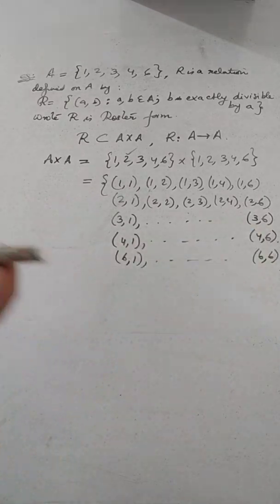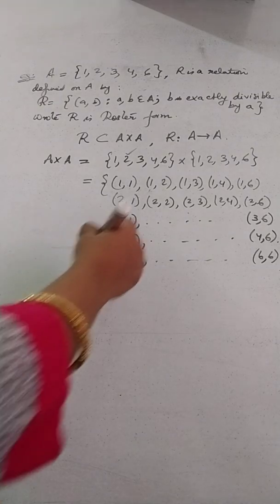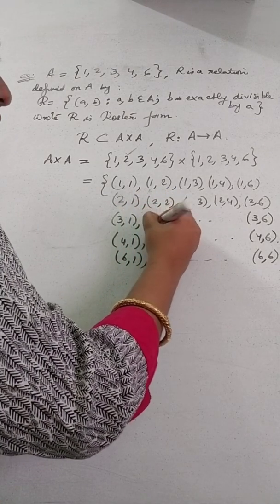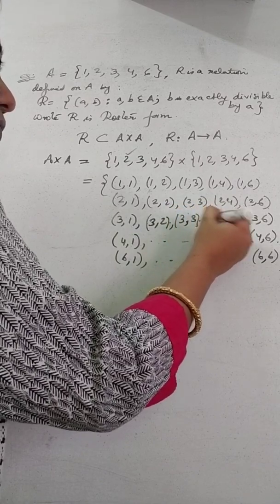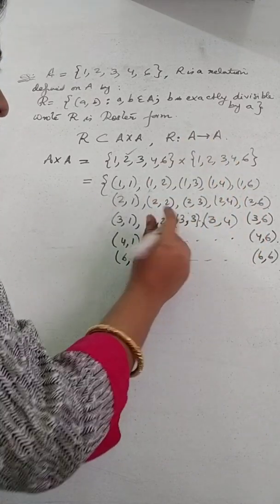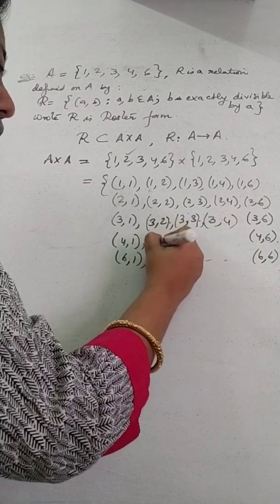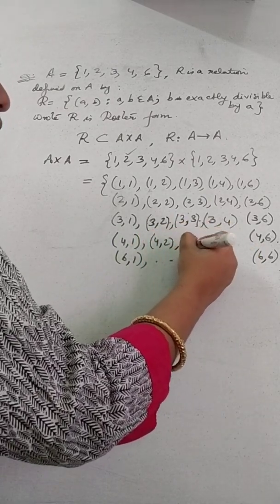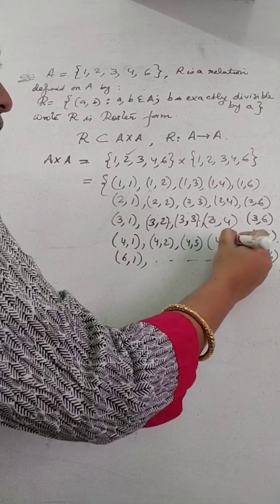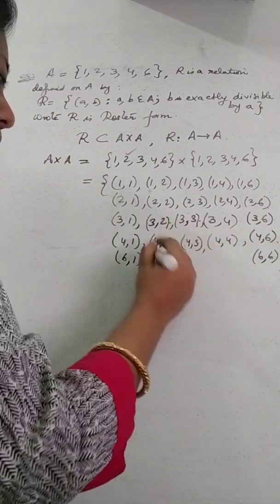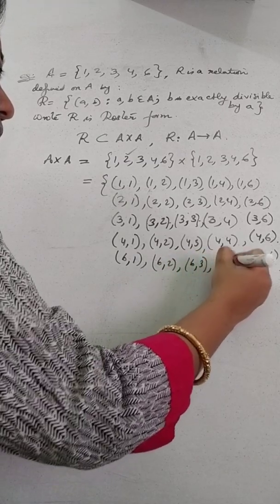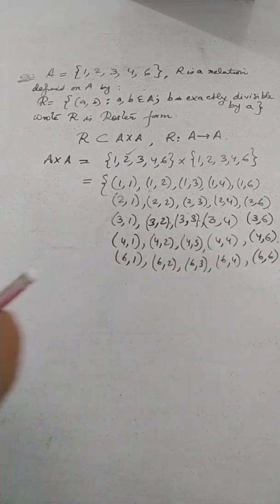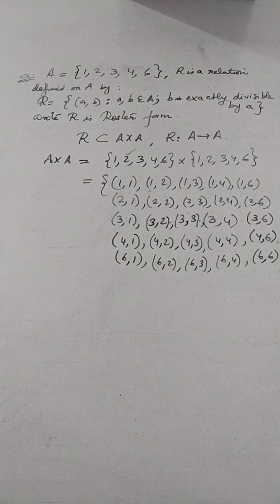Written out, that is 3, 2, 3, 3, 3, 4, 3, 6; then 4, 2, 4, 3, 4, 4, 4, 6; then 6, 2, 6, 3, 6, 4, 6, 6. So this is what we have.